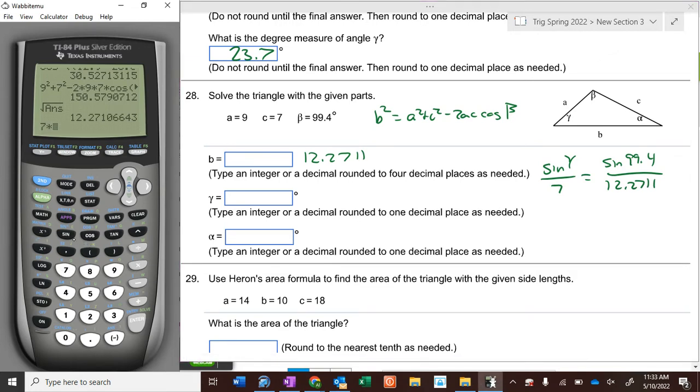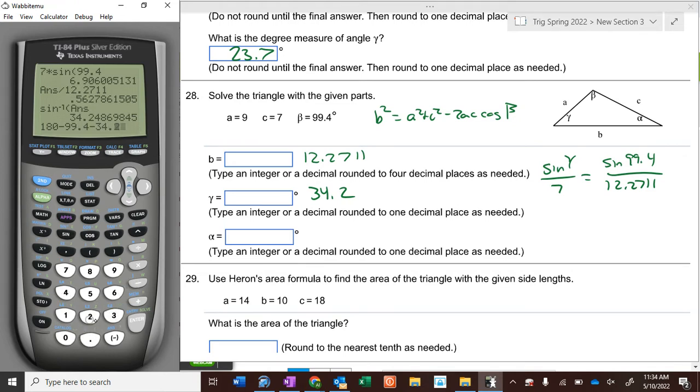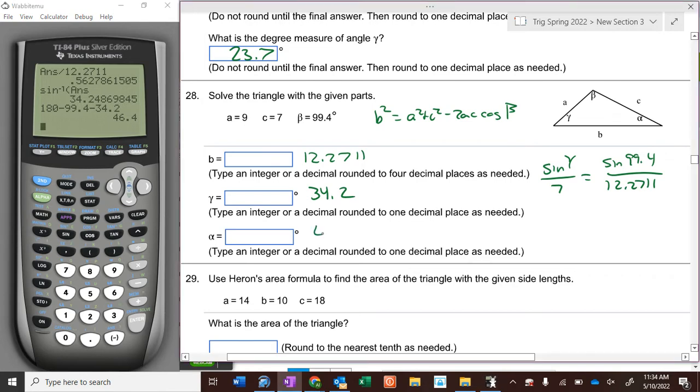So 7 times the sine of 99.4 divided by 12.2711. And then go inverse sine of the answer. And it's 34.2. So if you take 180 minus 99.4 minus 34.2 equals 46.4.